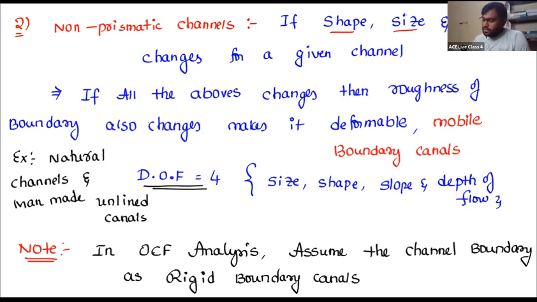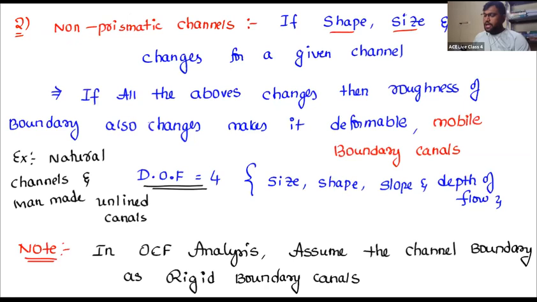So that's all about the types of channels. Now let's see shapes of cross sections. Now I hope you understood what analysis we are going to do for the rigid boundary canals.